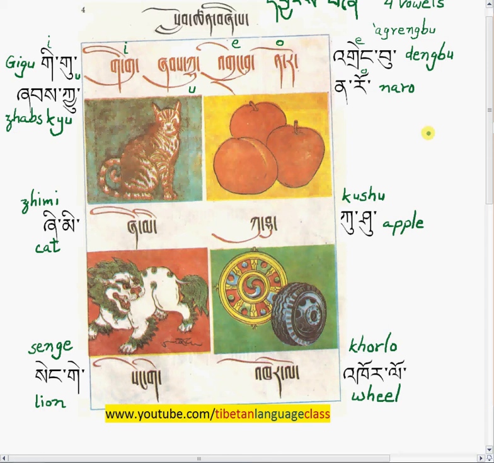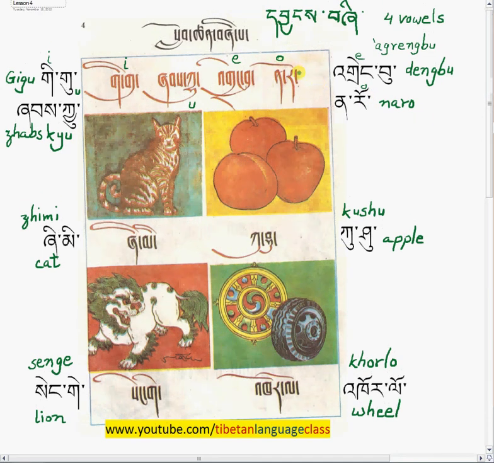So these are the 4 vowels with their examples. And as you know from the previous video, in Tibetan language, we have 30 alphabets. So after every alphabet, the sound is there by default. So for example, if I read the first 4 alphabets, it's ka, ka, ka, nga, right?